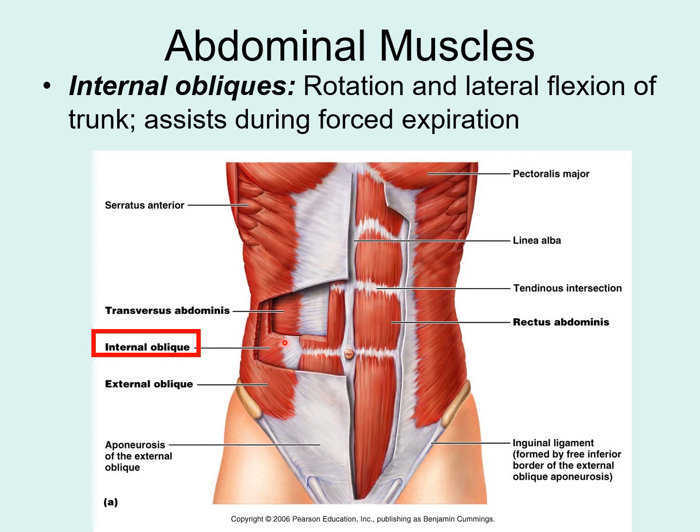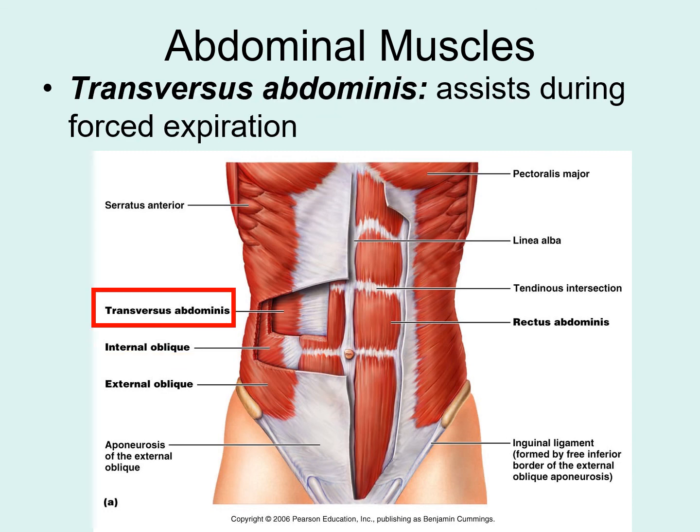But also it's like you peel one layer away at a time. And the internal obliques, once again, the direction of the fibers are a different orientation. And then deep to the internal obliques, pull another layer out, you've got the transversus abdominis, which now pretty much just kind of going parallel to the ground.